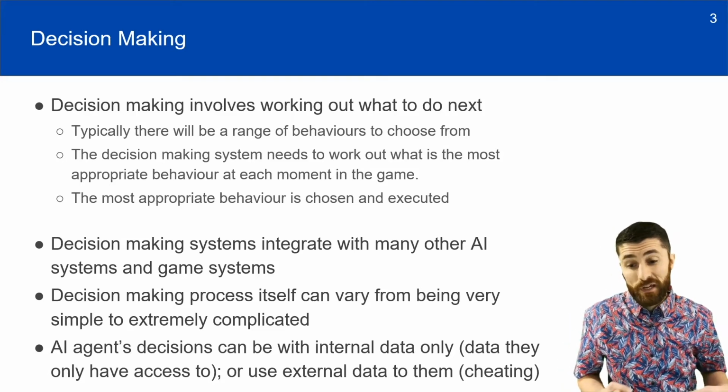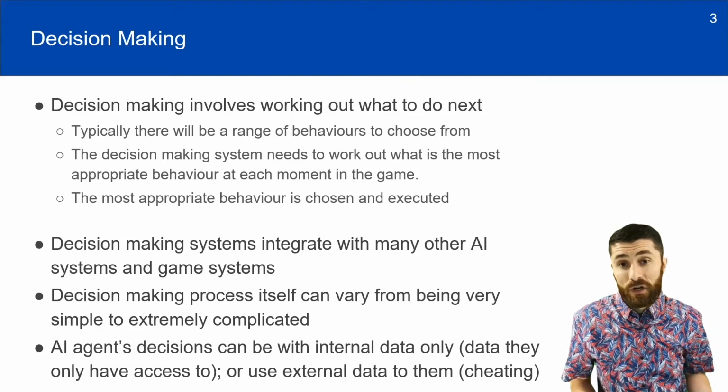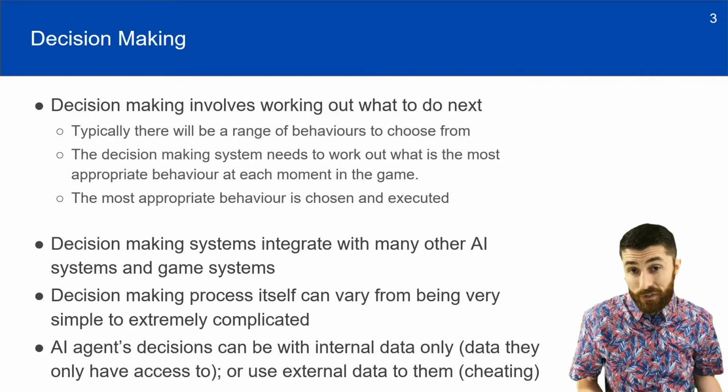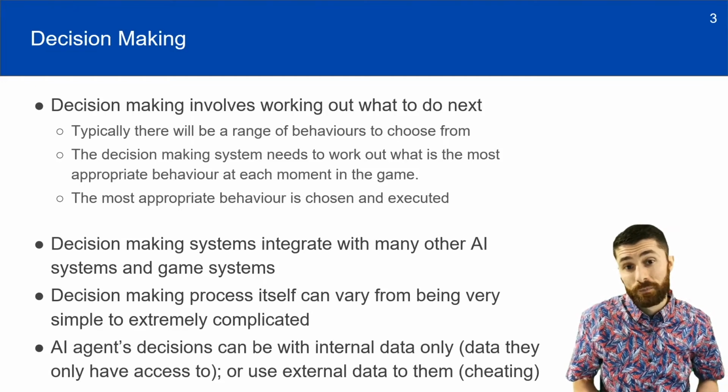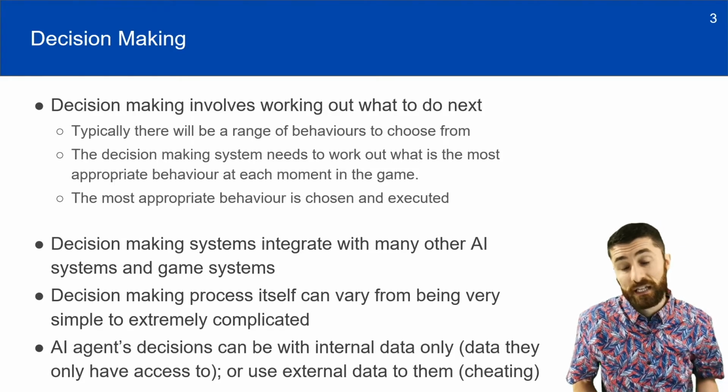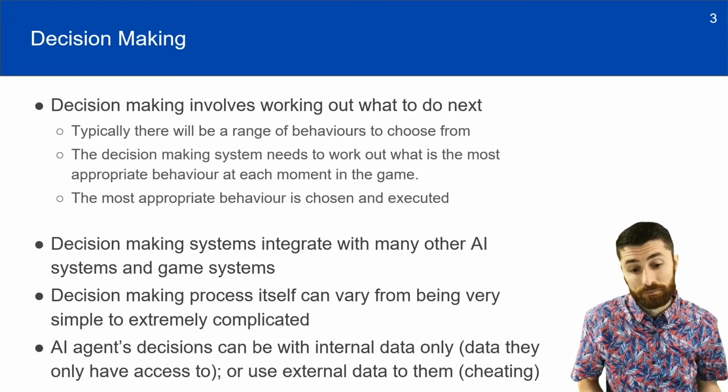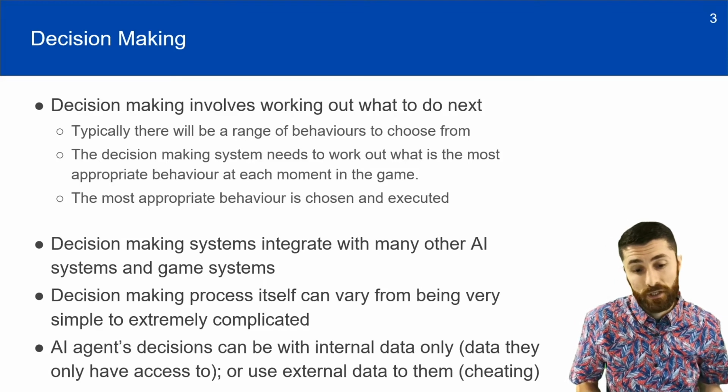Basically, if the enemy or the AI does not have or should not have a specific bit of data, but you give it to it anyways in order to speed up something, that's totally fine too, and that is an AI agent that uses external data rather than internal data.